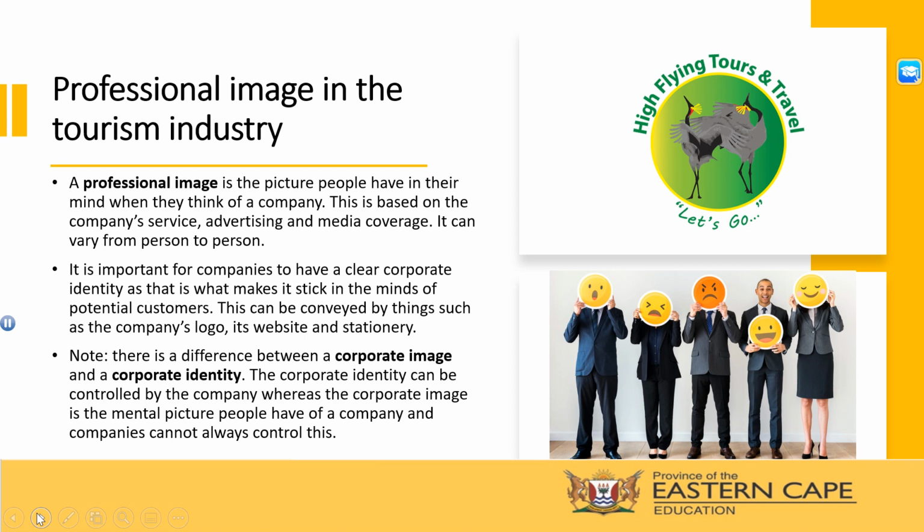And you will see as we go through this lesson that the corporate identity is something like the company's logo, the company's website, the stationery that they use, etc., etc. But on the other hand, a corporate image of a company is the mental picture that people have of a company. And unfortunately, companies do not always have control over that corporate image, but they must certainly do their best to maintain a positive corporate image.